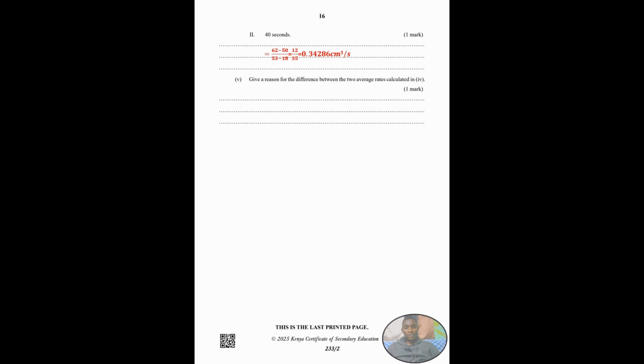Moving to the last question on this paper, give a reason for the difference between the two rates calculated above. So why is it that the rate at 10 seconds is higher than the rate at 40 seconds? The rate is higher at 10 seconds than at 40 seconds due to higher concentration of reactants at 10 seconds.